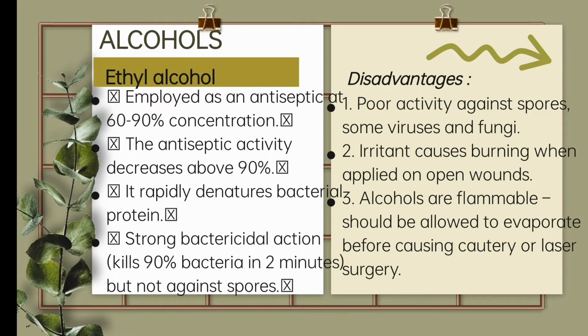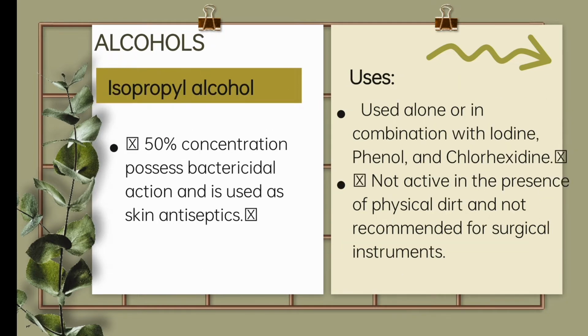The antiseptic activity decreases above 90%. Some of its disadvantages are poor activity against spores, some viruses, and fungi. It is also irritant, causes burning when applied on open wounds. Alcohols are also flammable. It should be allowed to evaporate before cautery or laser surgery.